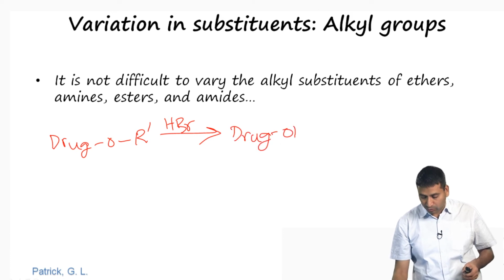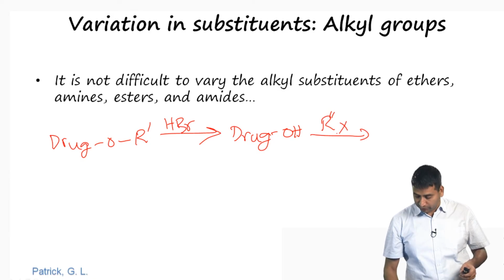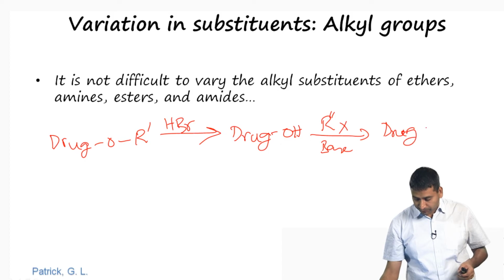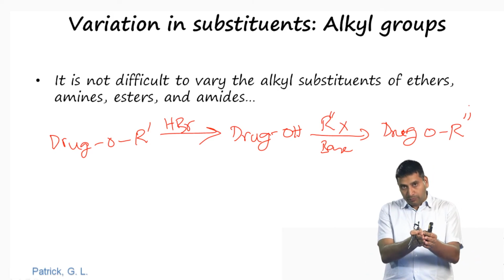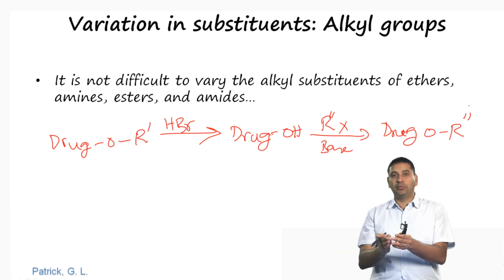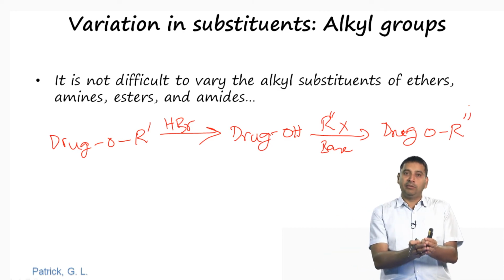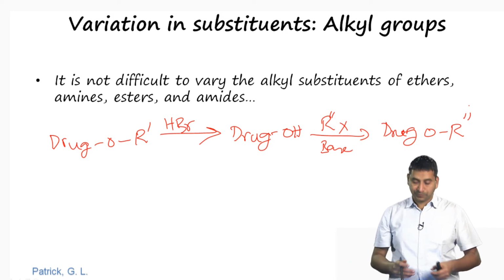So, you will get drug OH, which then can be reacted with various alkyl halides, perhaps in the presence of a base, to give you drug with OR double prime. Okay. So, what this will tell us is that, let us say I have a methoxy group, I can convert it to ethoxy, isopropoxy, tertiary butoxy and so on, and try to find out whether those alkyl groups can help with improved properties or not.